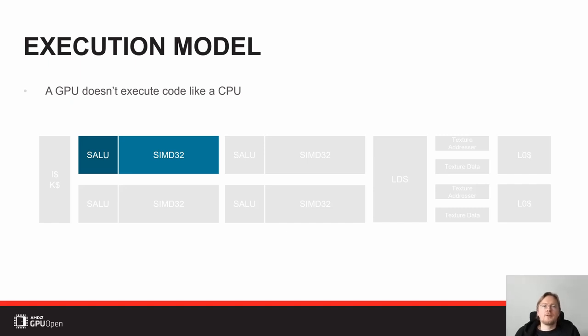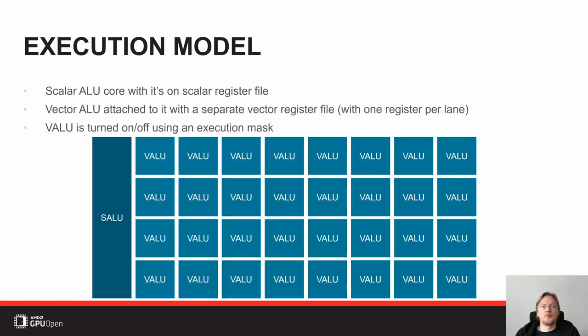The next thing we have to look at is how stuff executes on the GPU, right? Because a program, when it executes on the GPU, it executes very differently from a CPU. Because the GPU is split into 2 parts, right? There's a thing called the scalar unit, and there's the SIMD, which is the vector ALU. If we zoom in for a moment, then we can see the scalar ALU. It's one unit shared across all 32 vector ALUs.